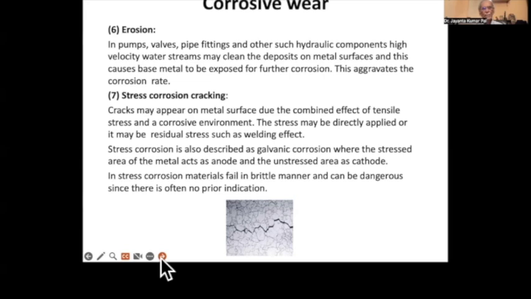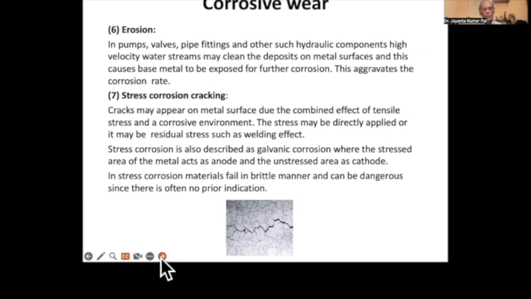And once that happens, then the virgin metal will be exposed to corrosion again, and the aggravated corrosion will go on. So erosion is again a very detrimental process in corrosive wear. So in the presence of high-speed fluid, corrosive wear will be repeated and will lose metal more and more.